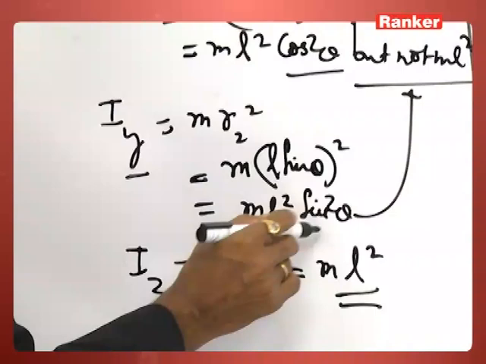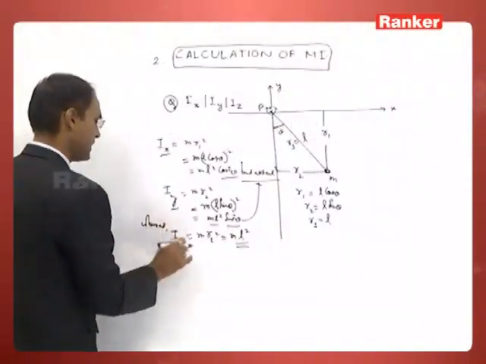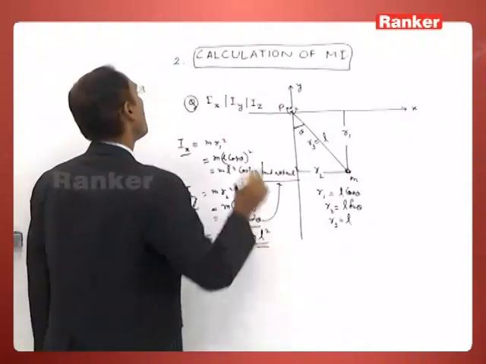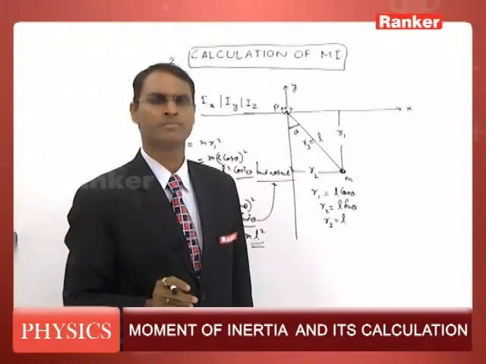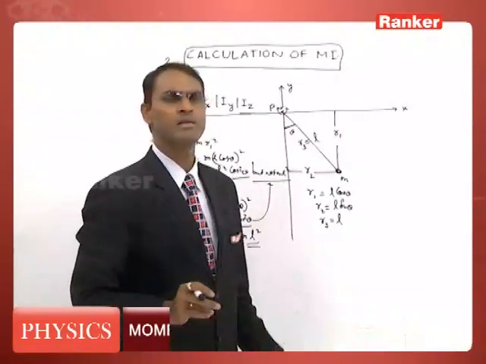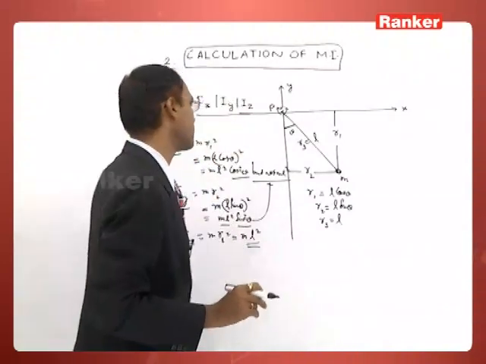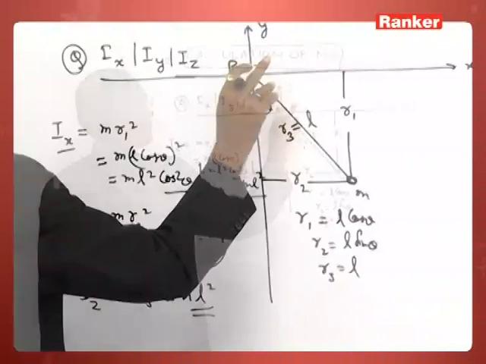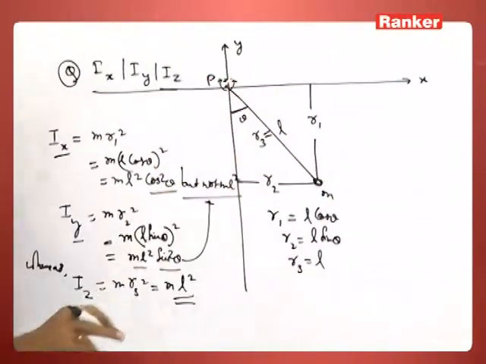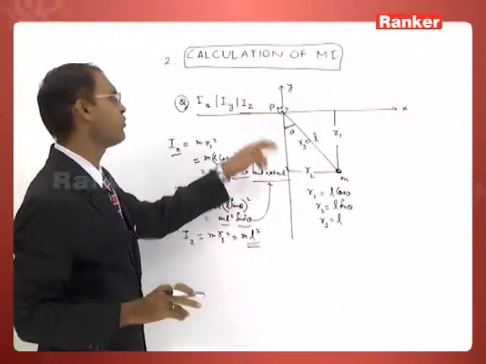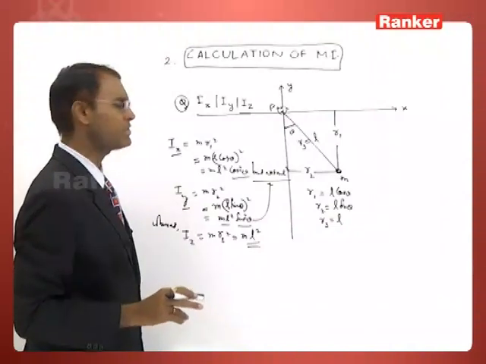Iy is ml square into sin square theta, whereas Iz is equal to ml square. Therefore, when you want to calculate the moment of inertia of a point mass, you need to mention the axis about which you are interested in calculating the moment of inertia, provided that the distance of the particle from the reference axis is known and mass of the particle is known, then only you can calculate the moment of inertia.